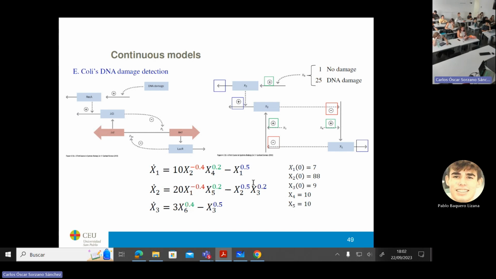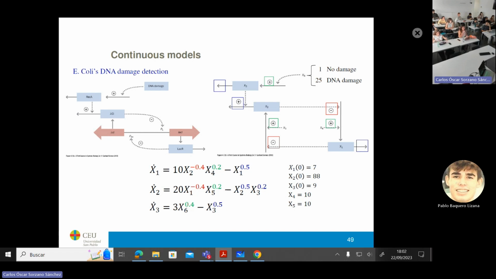If there is no damage, it has a value of 1. So this is a promoter: if this grows, X3 has to grow.